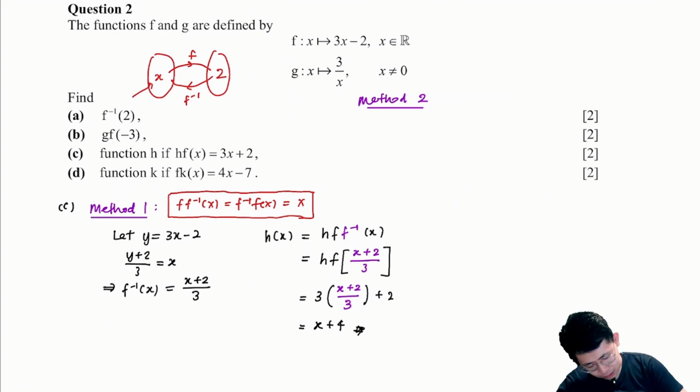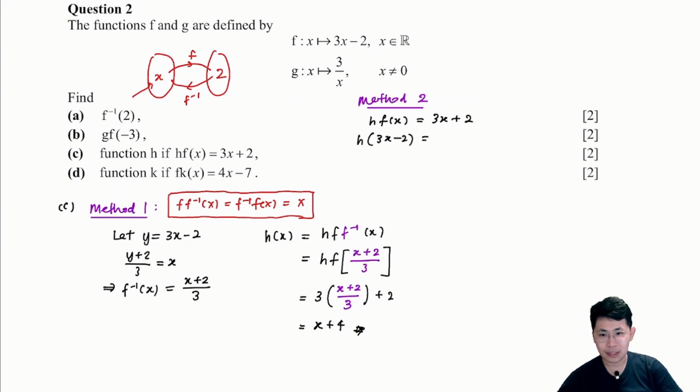So I'm going to start with hf of x equals 3x plus 2. First, what is f of x? I will put h of 3x minus 2 into this output over here. So over here I get 3x plus 2.